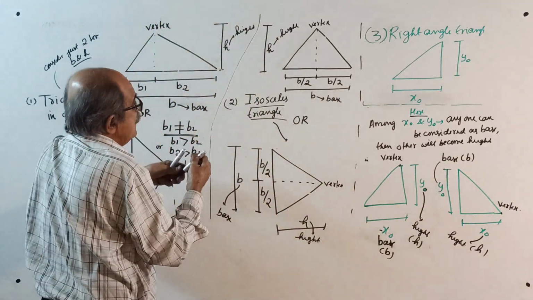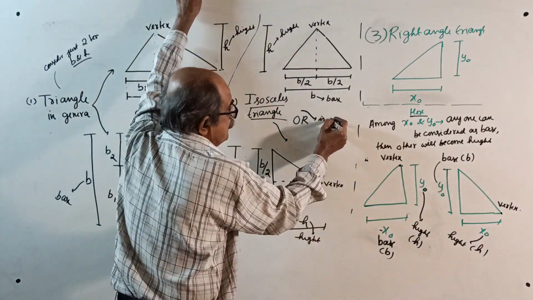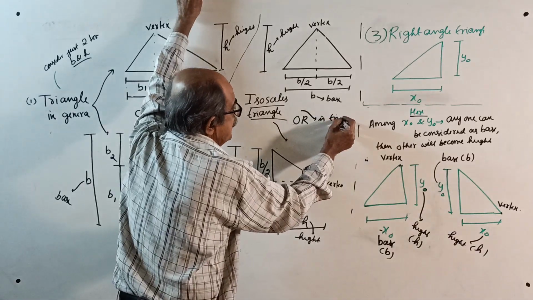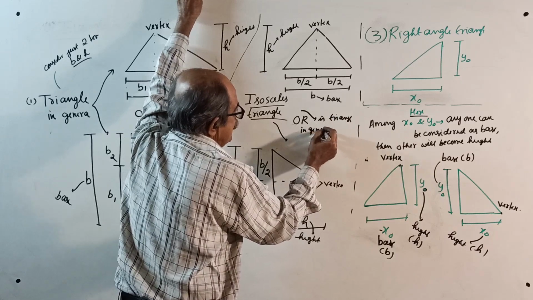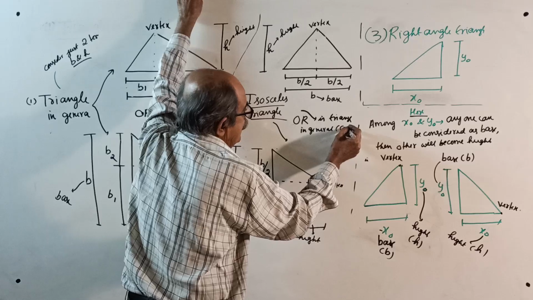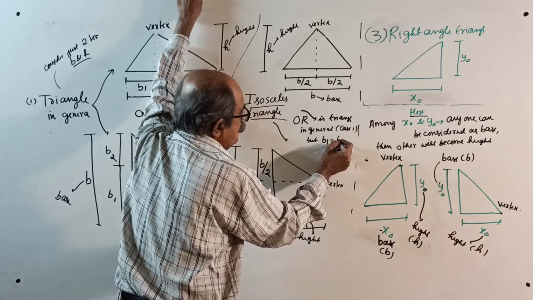Or you can write that an isosceles triangle is also a triangle in general, that is your case 1, but with B1 equal to B2.